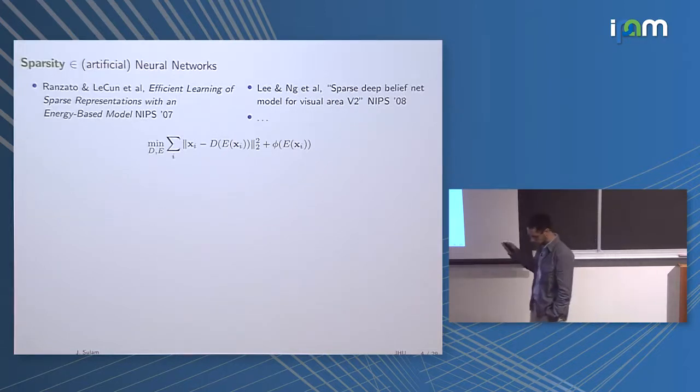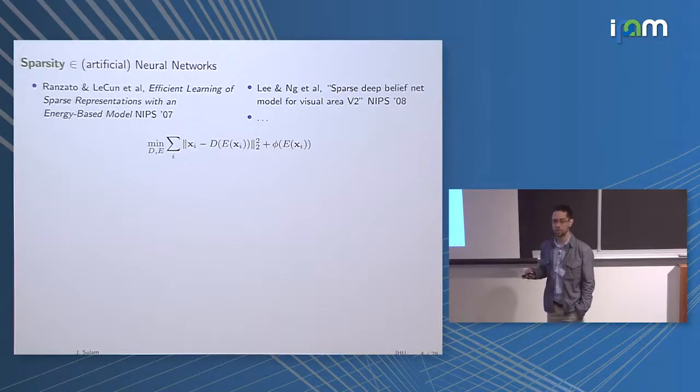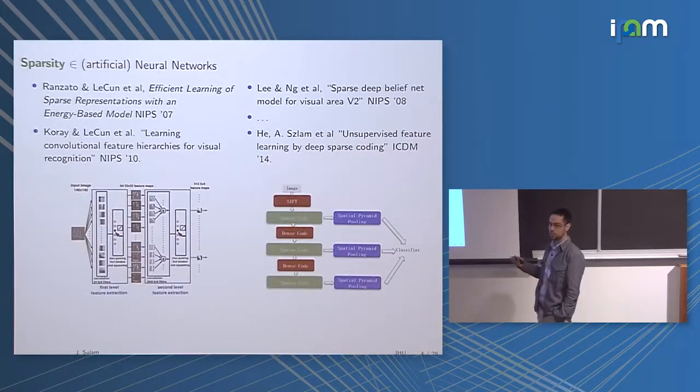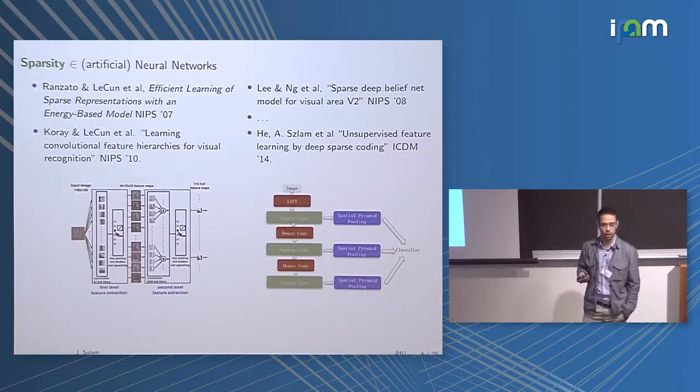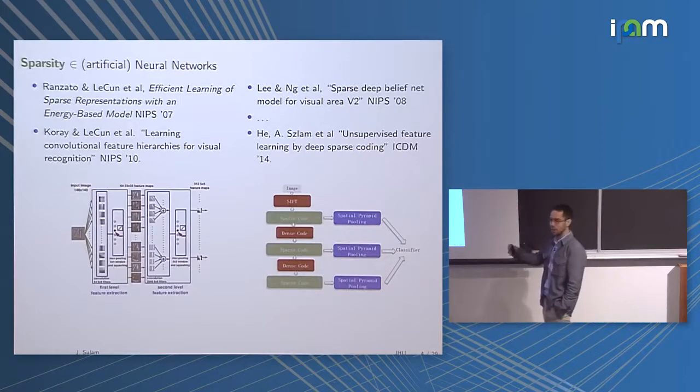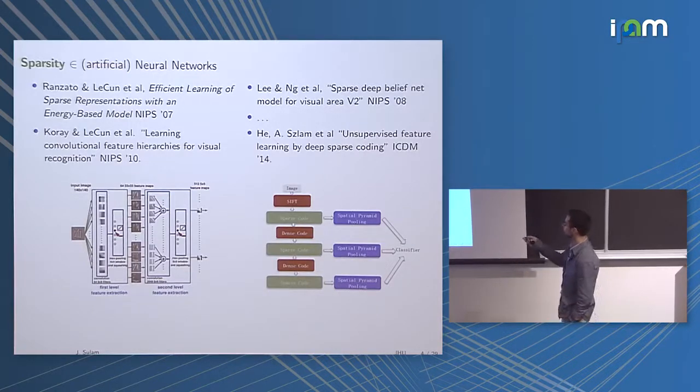Again, the literature on sparse autoencoders is very rich. These were perhaps two of the earliest and most representative works. And then the community realized that these sparse features were actually really useful, and so they started using them for feature extraction. Not only that, they realized that you could cascade these architectures, these sparse autoencoders, and create some sort of hierarchy of sparse features, features that turned out to be very useful in terms of, for example, predictive power for image classification tasks.